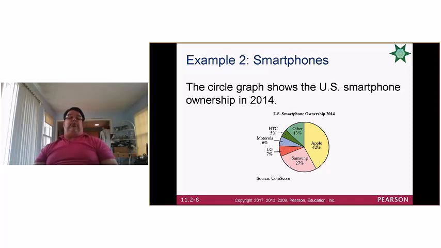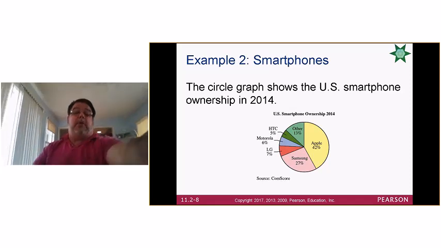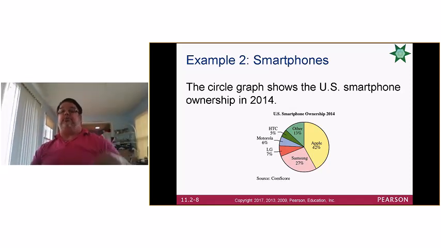So we've got Apple is 42%. Samsung is 27%. LG is 7%. Motorola is 6%. And HTC is 5%. And other is 13%.